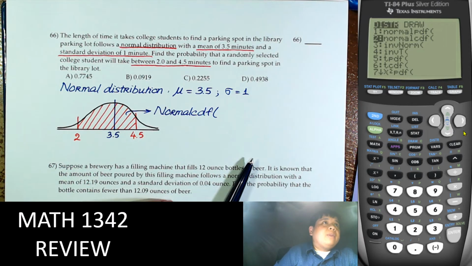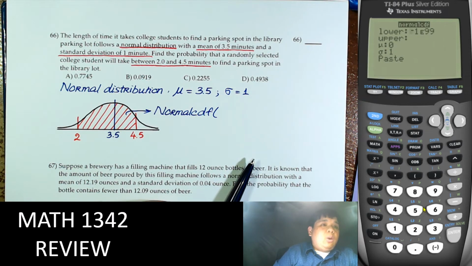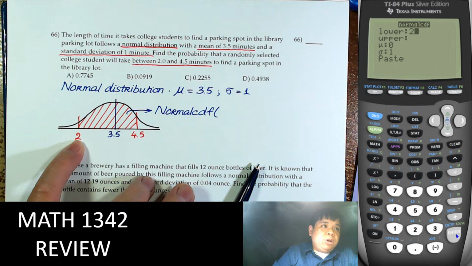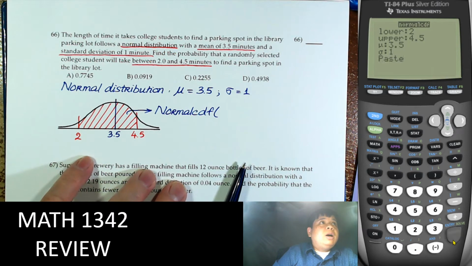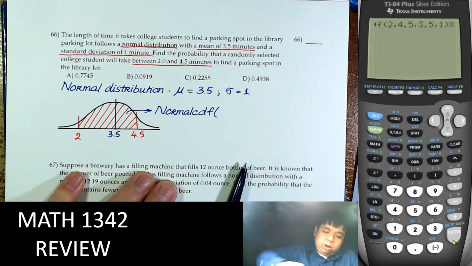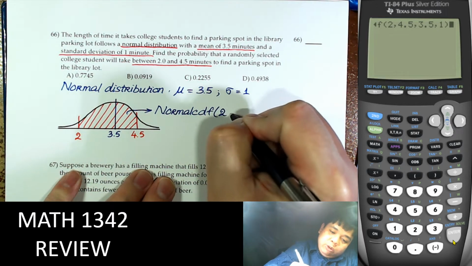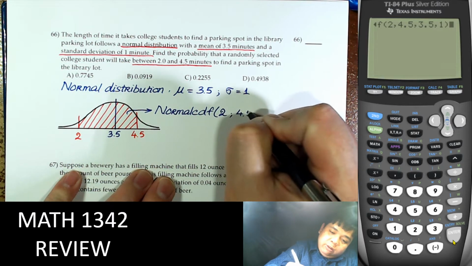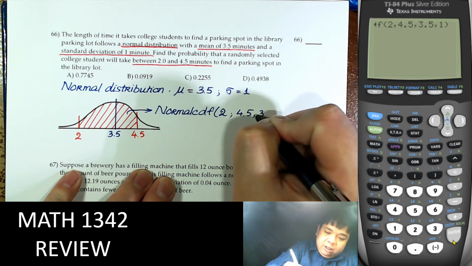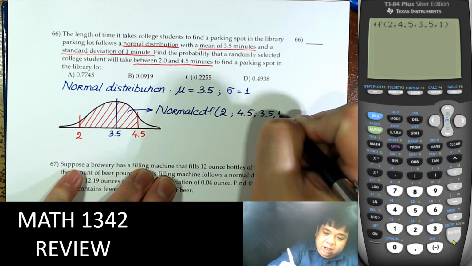Right. We have from the lower value of 2 to 4.5. The mean is 3.5, standard deviation is 1. And we compute, so write out: we go from 2 to 4.5, the mean and standard deviation.